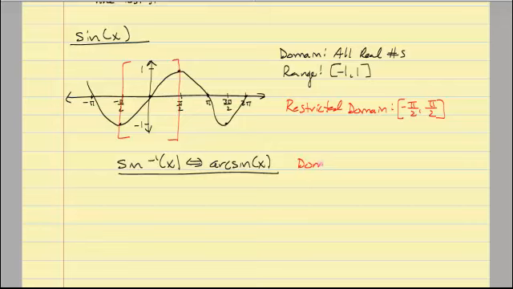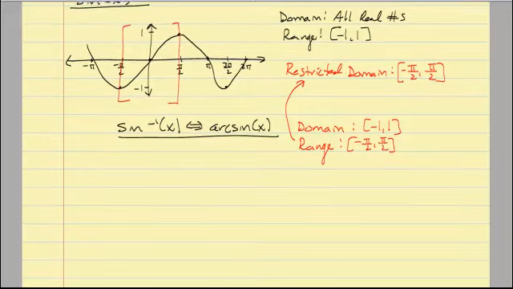The domain here is going to be the range of my original, so this is going to go -1 to 1, and my range will be based off my restricted domain, not the regular domain, but the restricted domain. And so this would go -π/2 to +π/2. Notice these are bracketed. I can reach positive and -π/2.